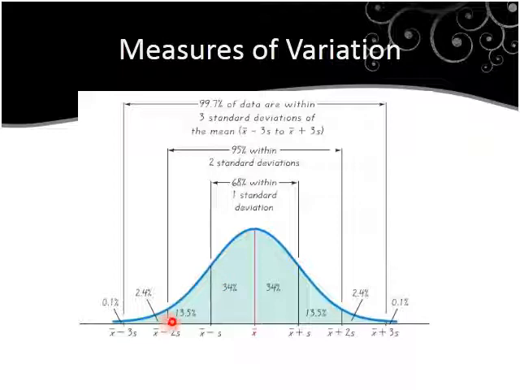And then another 13.5 and 13.5 on either end would get us to 95% within 2 standard deviations, above or below the mean. And then almost all the data, 99.7%, should lie above or below the mean within 3 standard deviations.